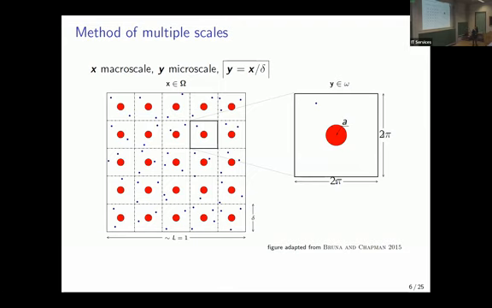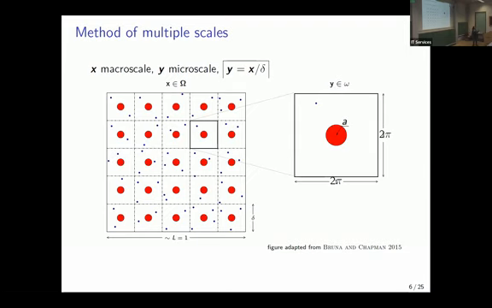And so you have the macroscale parameter x here that lives in R2, in this case, since we are considering two-dimensional domains, and the microscale parameter y that lives in a domain obtained by taking away the obstacles from this position. So it's a multiply connected domain over which it lives.